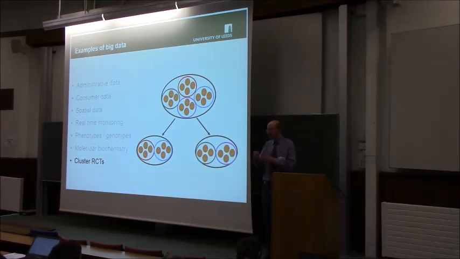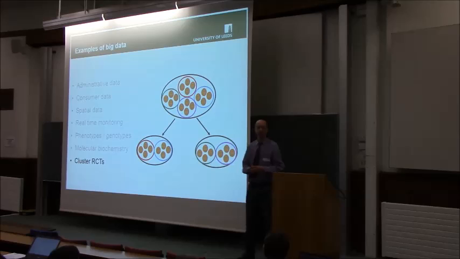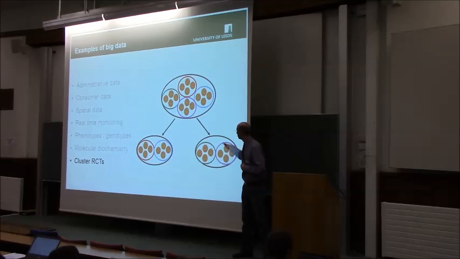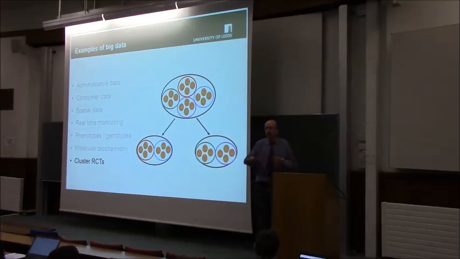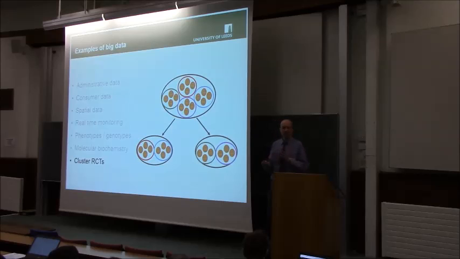So that leads to contamination. So you can't randomise individuals, you have to randomise people in clusters. And as soon as you do that, the people within each cluster are more similar to each other than to people in other clusters. And so you end up with correlated data structures as well as hierarchical data structures. So that's a bit more complicated, and can we learn from things which people do in that setting?